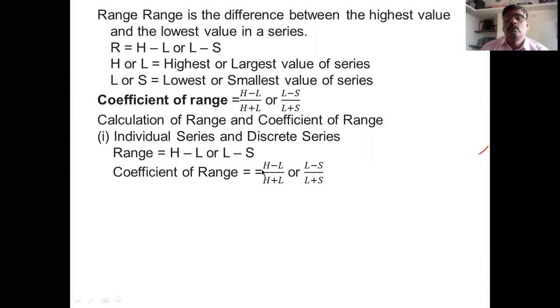Coefficient of range is equal to highest minus lowest divided by highest plus lowest. I'll give both equations, but you remember only one. You take only one equation for your study purpose, whichever is feasible and comfortable for you.